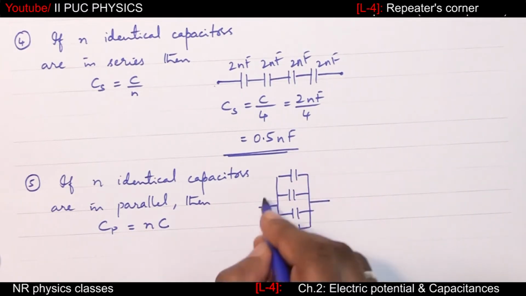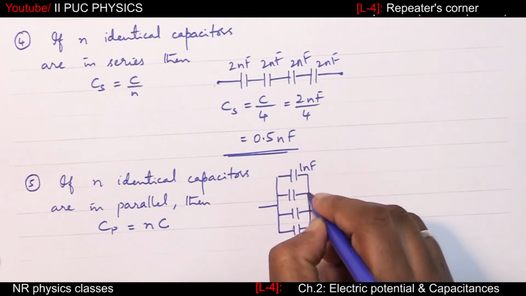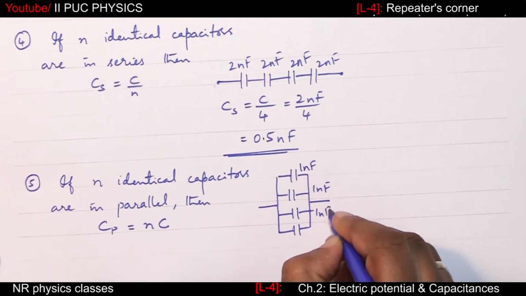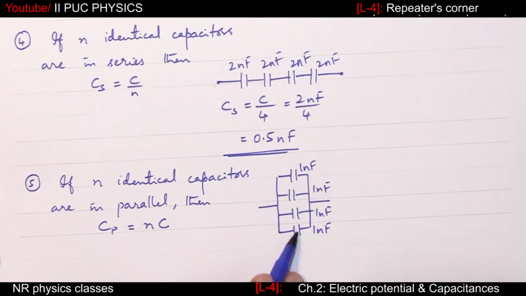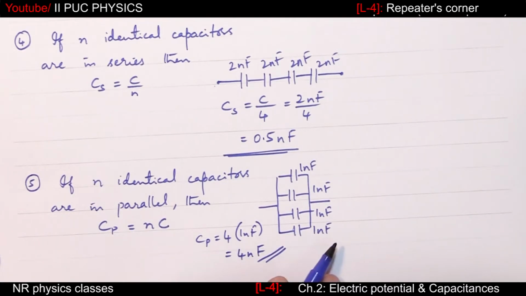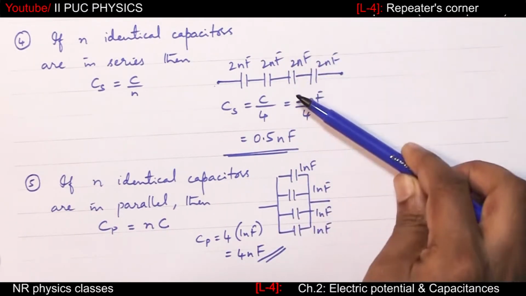If these four capacitors are in parallel, let each equal 1 nanofarad. Identical capacitors in parallel means Cp equal to 4 times each equal to 1 nanofarad, equal to 4 nanofarad. So this is how we can use it. In the next video, let us see different combinations of capacitors and how to find equivalent capacitor.